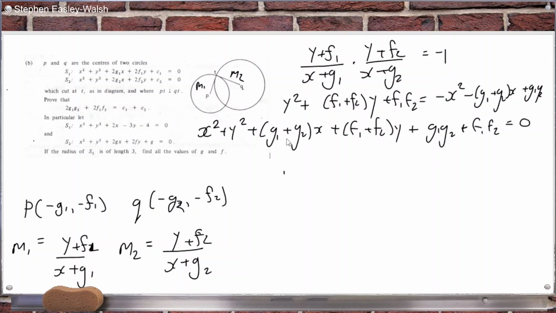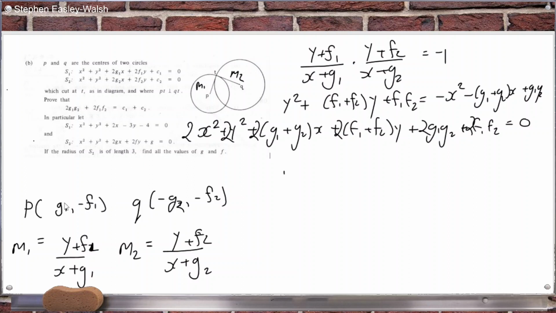Now let's see this one here, g1 x. Maybe if I multiply this by 2, so everything gets multiplied by 2.